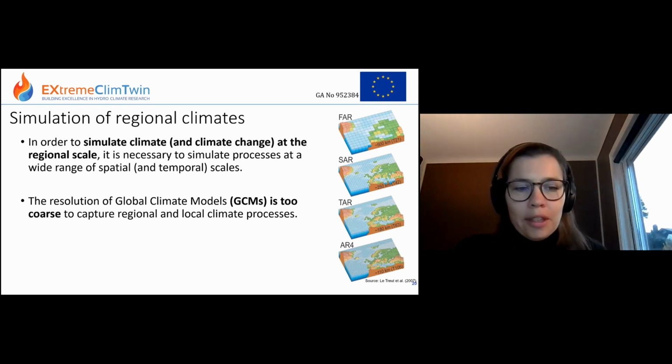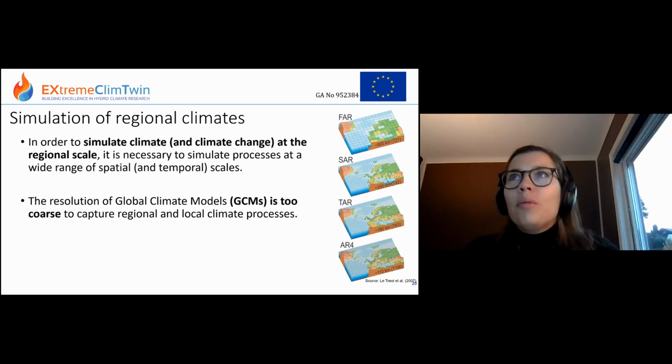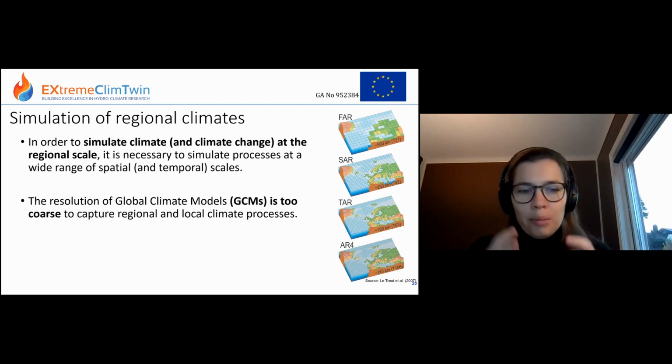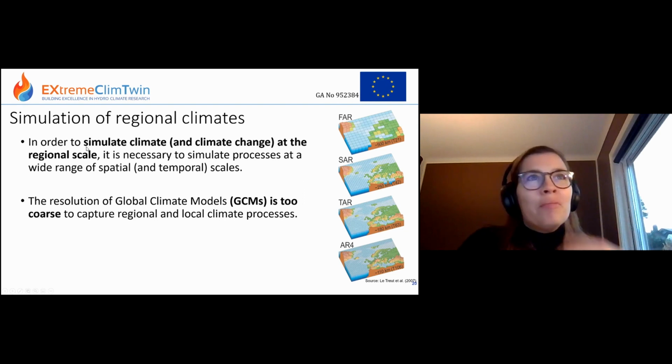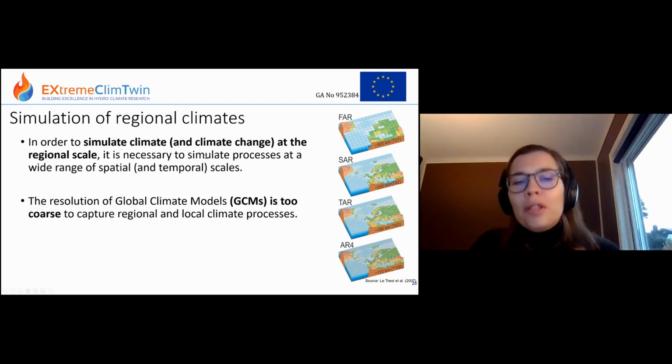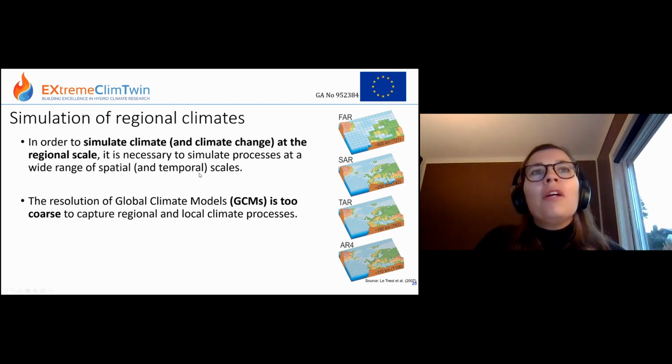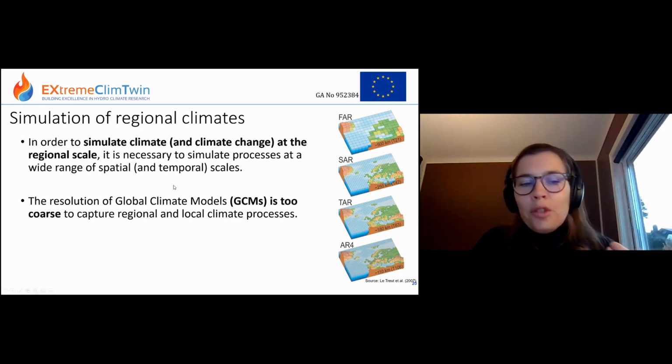And of course, the issue that has come recently is that we are more and more interested in climate change at the regional scale, and with these very complex details at the regional scale, climate scientists or modeling people have realized that it's quite complicated sometimes to simulate some types of extreme events or some types of climate processes with a global climate model, because it can be too coarse.